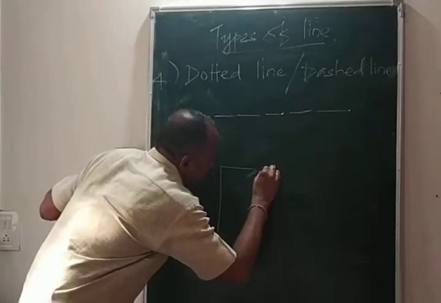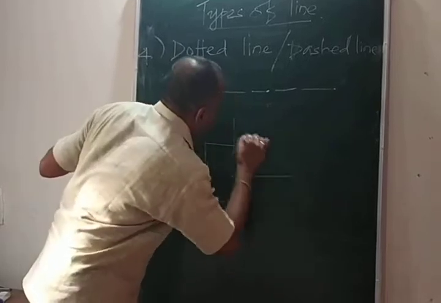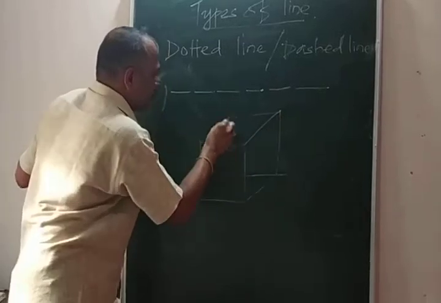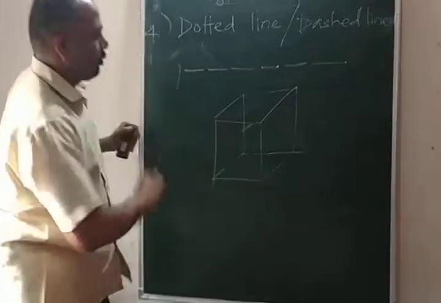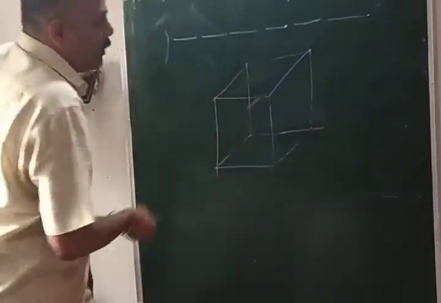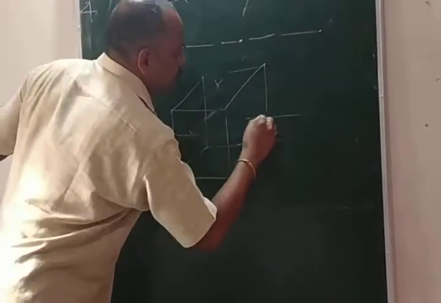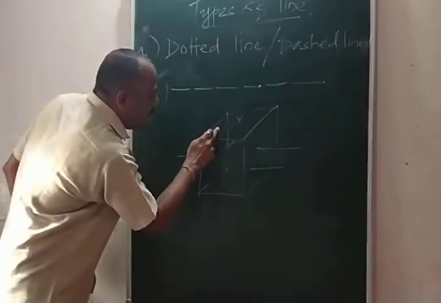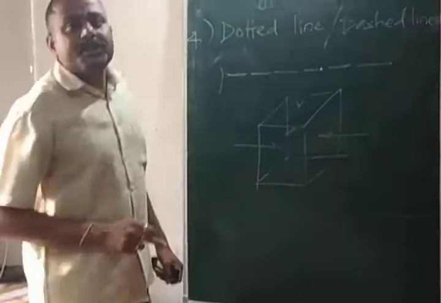Suppose this is a cube. This face and this face I can see with my eyes, but this edge and this face are not visible to my eyes.